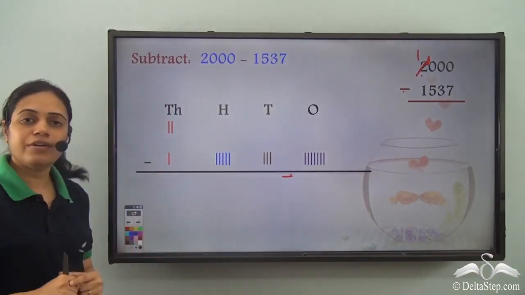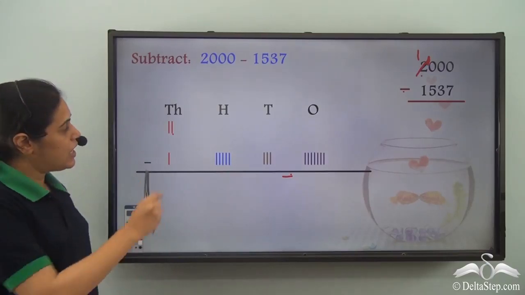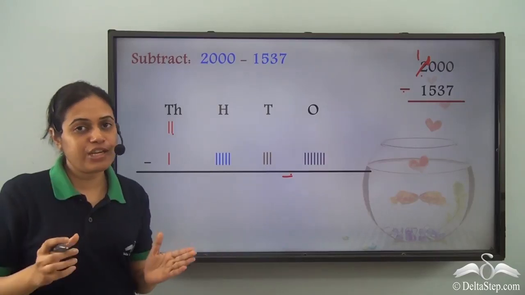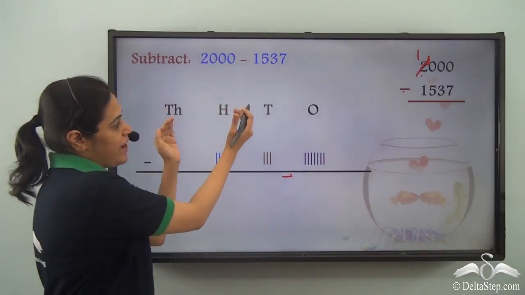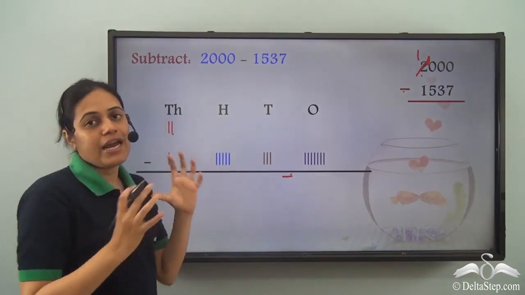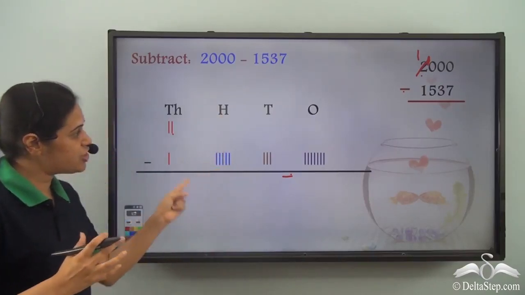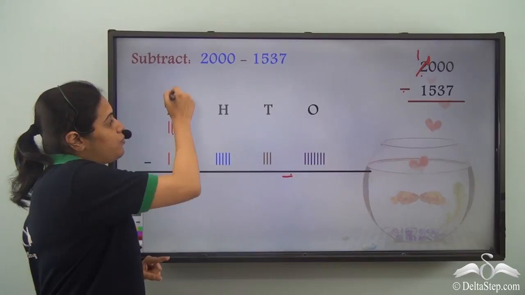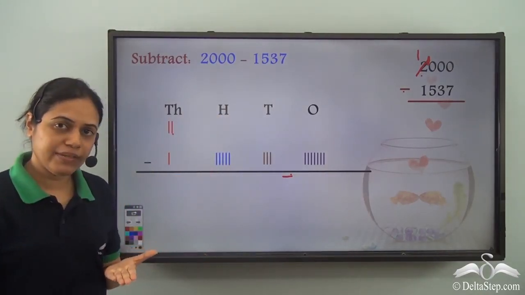So now in the thousands place I have 1 and the hundreds place has 10. If I look here, what do I have? I have 2 in the thousands place. Now this 1 of the thousands place actually represents 10 hundreds, because when I have 10 of something, they come together as a group and shift to the left and become 1. But now if I have to bring this 1 back here, I have to break it down into 10.